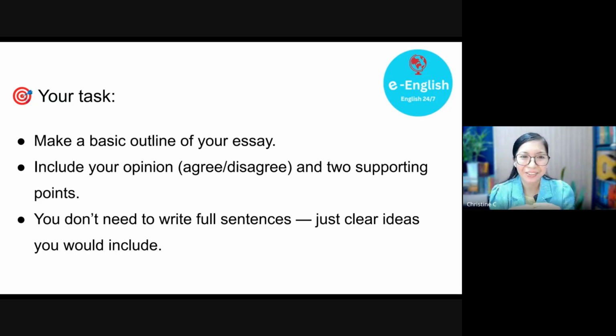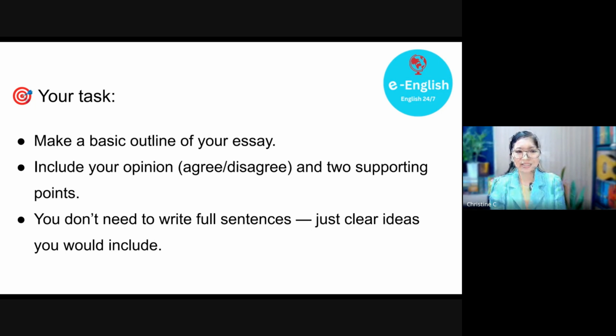So there's another additional idea, and it's good. It's also good to use this kind of structure. And then you have a conclusion. I believe parents should set healthy boundaries on technology use. Great.